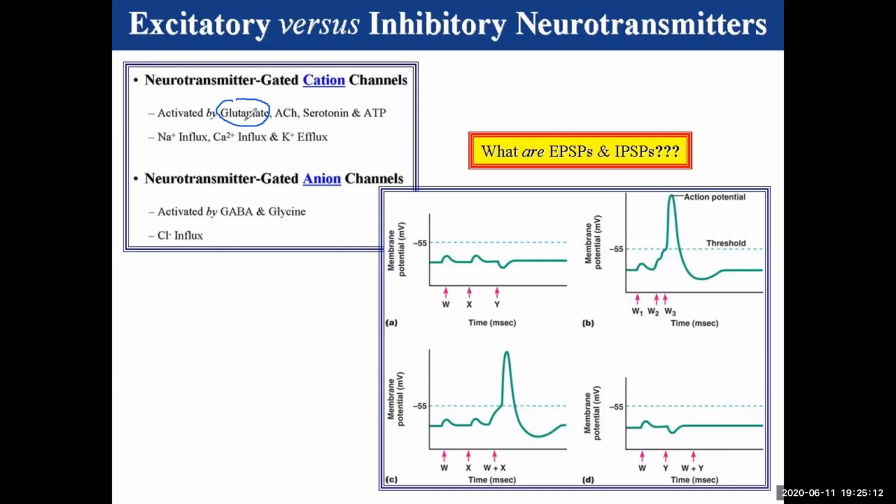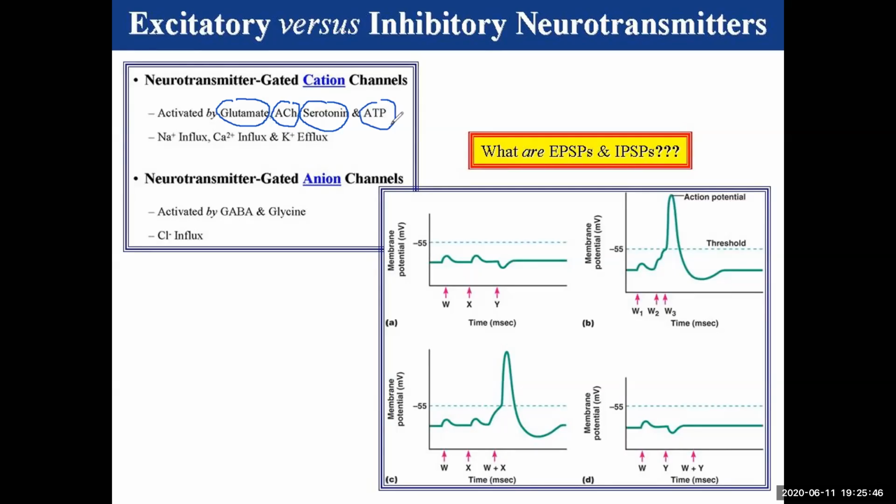But in this case, this amino acid is being used as a chemical messenger. So it is acting as a bona fide neurotransmitter. The next one, acetylcholine, that's another neurotransmitter. Serotonin is another neurotransmitter. And ATP, the same cellular energy molecule, in this case, is used as a neurotransmitter.